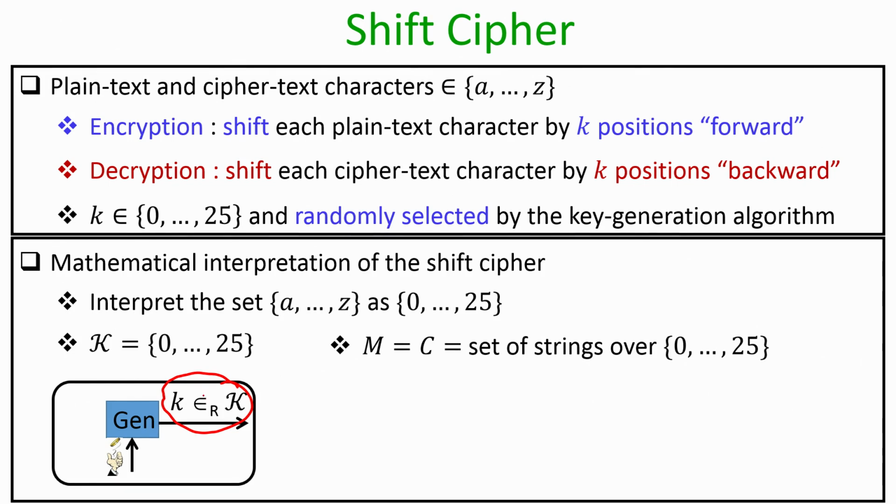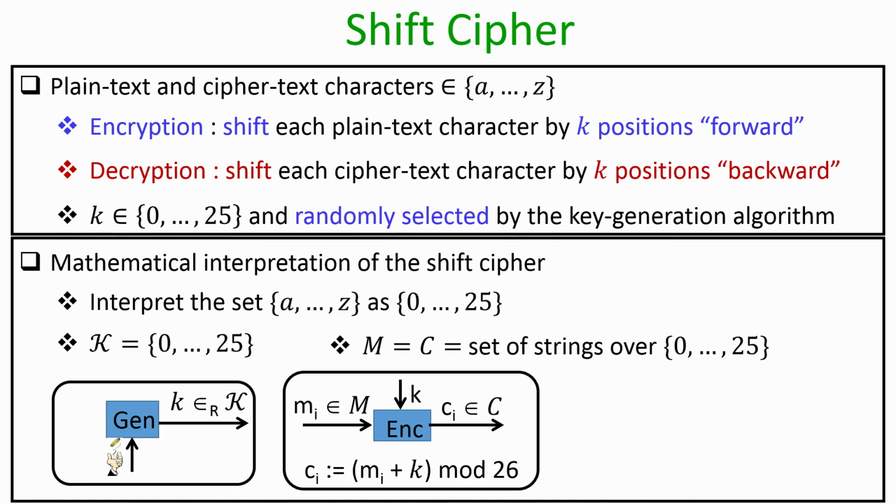So, the notation with subscript r denotes that the output of the key generation algorithm, namely small k, is randomly selected over the key space, and the randomness here is uniform randomness. So, the notation with r denotes that the value is uniformly selected over the set capital K. So, that is the interpretation of the notation with subscript r.